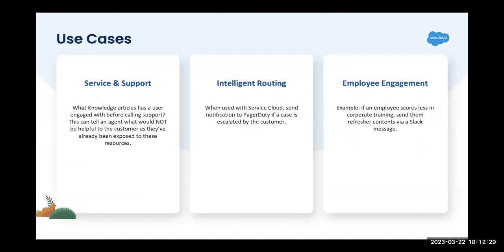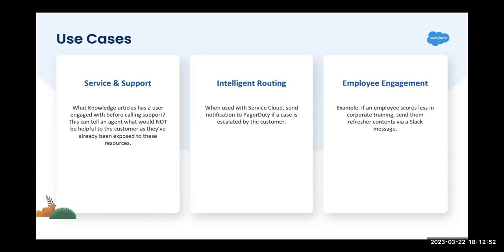But what are the typical use cases when we talk about different systems? In service and support, for example, people may want to see which knowledge articles a user engaged with before calling support. If none of the articles were helpful, the user chooses to call support. This can tell an agent what would not be helpful to the customer, as they've already been exposed to those resources.